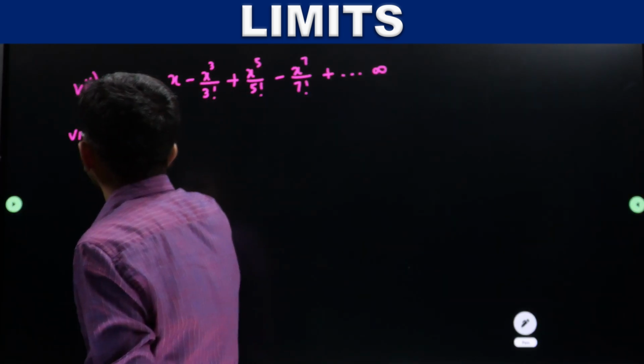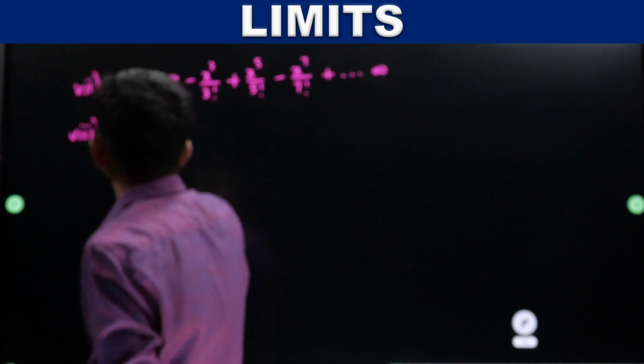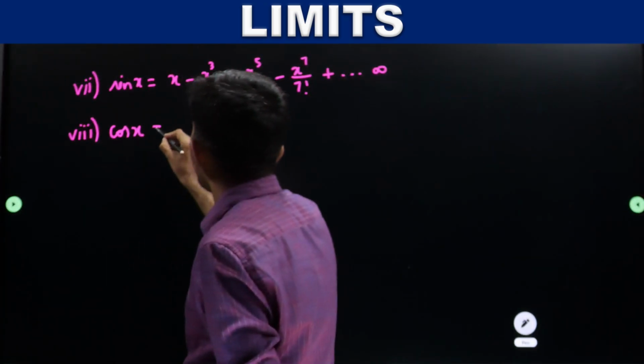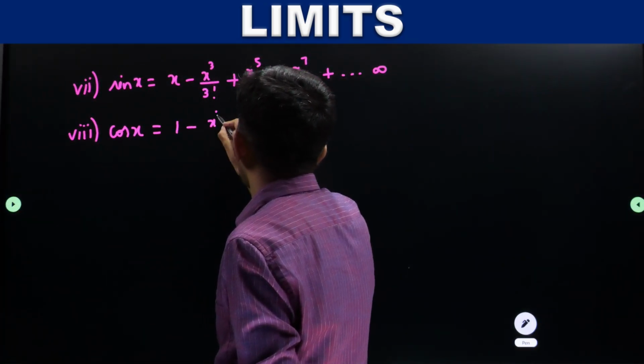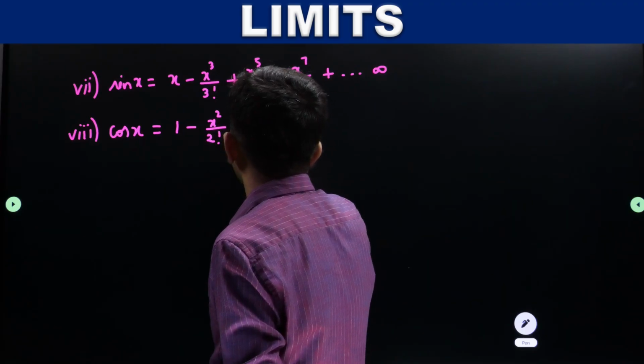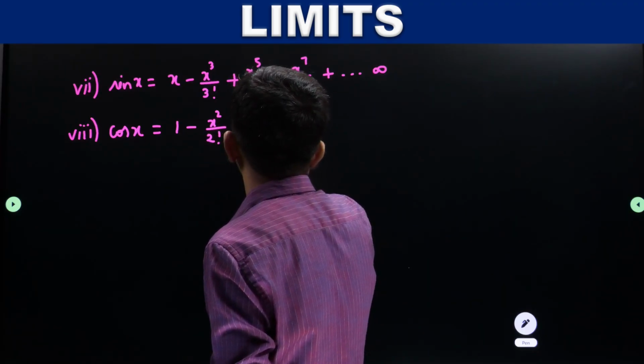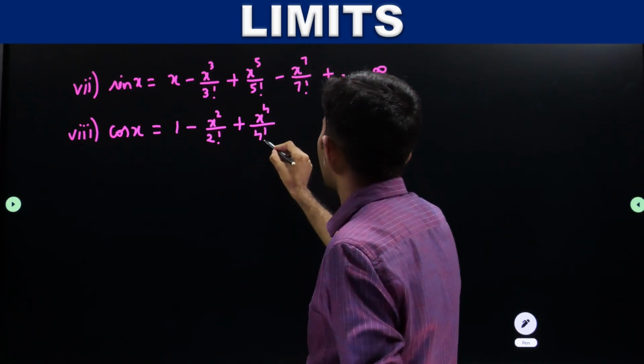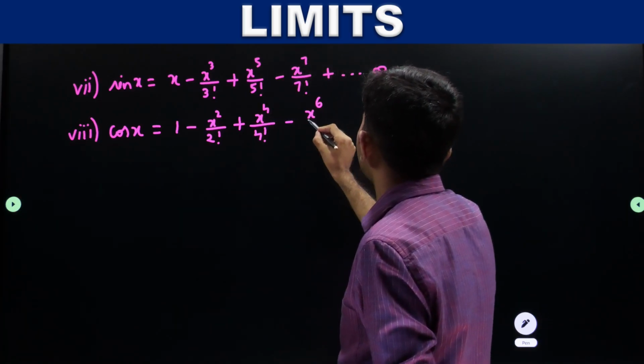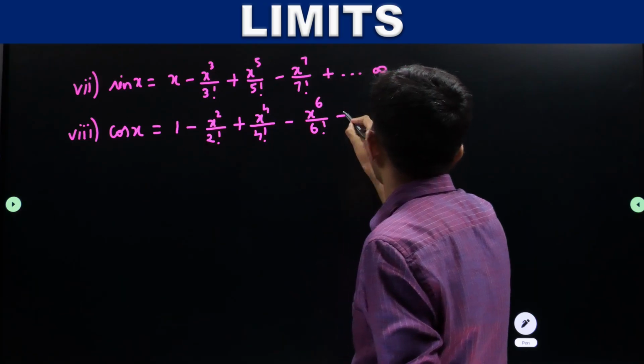Next we got series expansion for cos x. Cos x is equal to 1 minus x square by 2 factorial plus x power 4 divided by 4 factorial minus x power 6 by 6 factorial, etc., up to infinity.